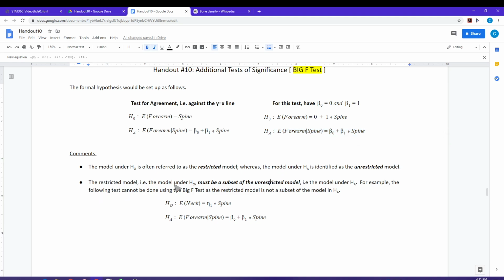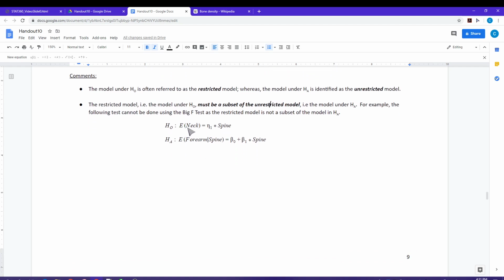Now the restricted model, the model under the H0, must be a subset of the unrestricted model. So this F-test requires that the model under H0 is a subset of the model under HA. So for example, I can't do a test like the following, where H0 is the expected neck score as a function of spine, and HA is the expected forearm score as a function of spine.